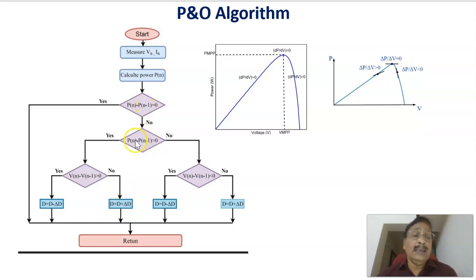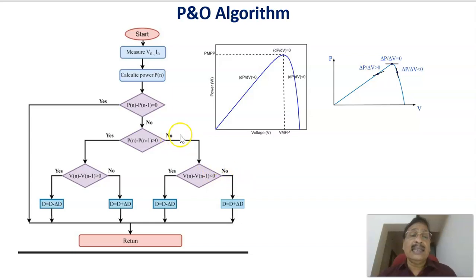Again, if the power output change is negative, that means delta P is negative. If the change in voltage is positive, delta P by delta V is negative, in that case again the duty ratio is to be increased so as to reduce the voltage, D equal to D plus delta D. And in this case, the previous voltage is more than the present voltage, so delta V is negative.